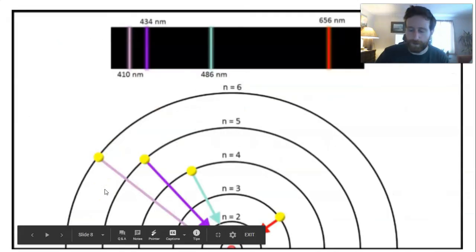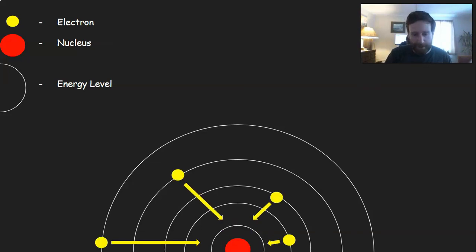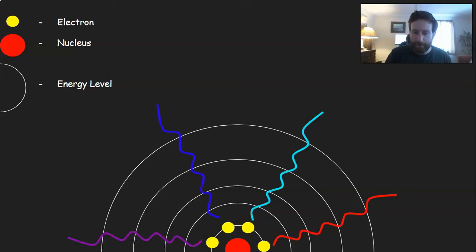To summarize this story real quick, a student's presentation from last year built a model to capture what's happening in the atom in four steps. You've got your electrons at the ground state. They get some energy from heat and move up to an excited state, and then they lose that energy and fall back down to the ground state.